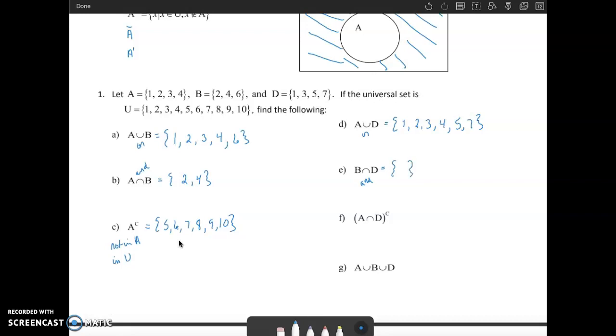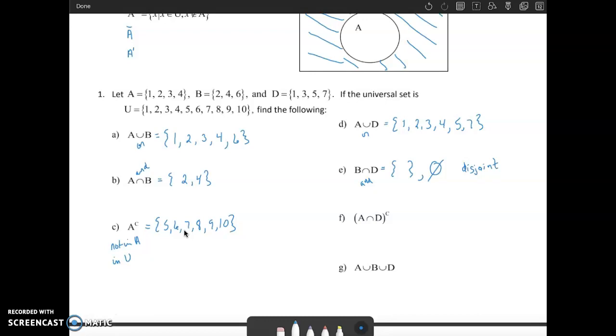So I can just set up the braces and leave them empty. That's the empty set. Or I could use my O with a slash through it, meaning the empty set. And what that tells me is these 2 sets are disjoint. Sets B and D are disjoint because they have nothing in their intersection. If we were to draw them out, they would be 2 non-overlapping circles.